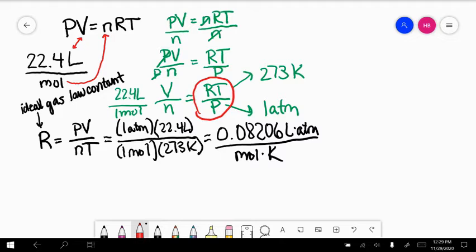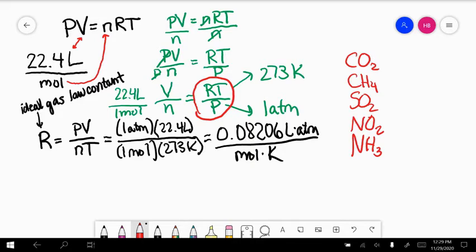We could list off any types of gases. Let's make a list of our super common gases. CO2 is a super common gas. CH4, which is methane, is a super common gas. SO2, sulfur dioxide, is a super common gas. NO2, NH3, and so on and so forth.